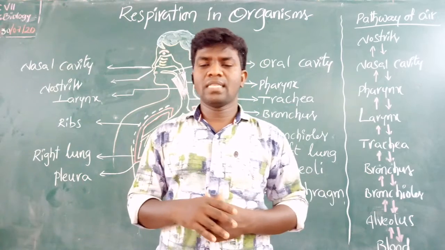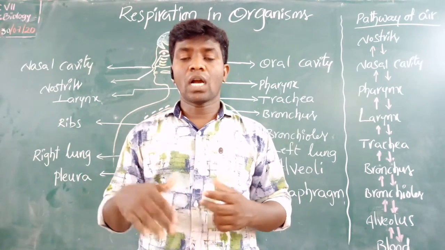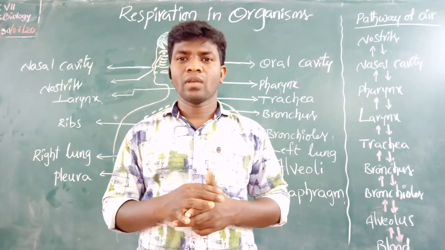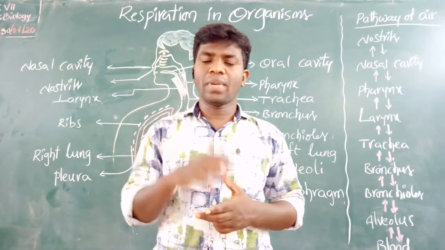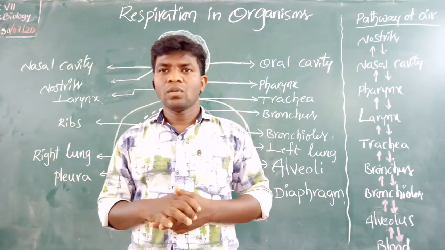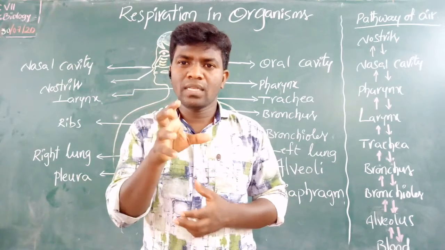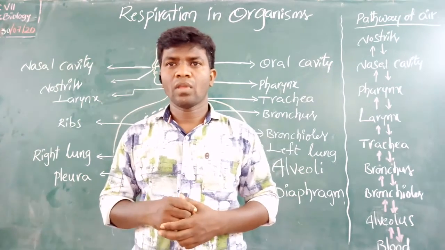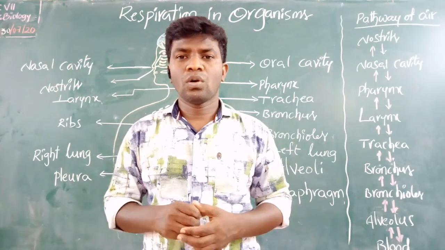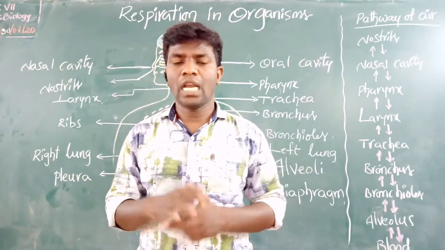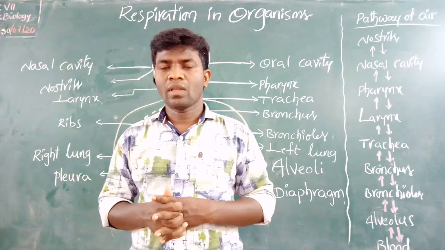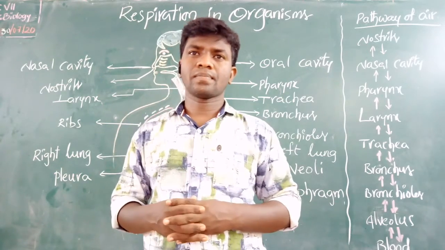All these systems are controlled by the nervous system. There is a brain, and the nervous system controls all these systems. All these systems and organs are coordinated with each other and work together.